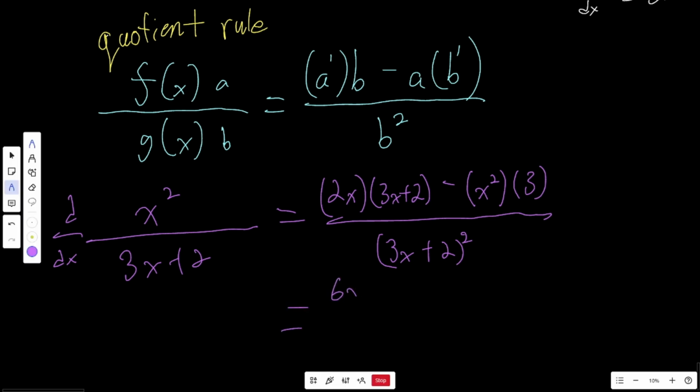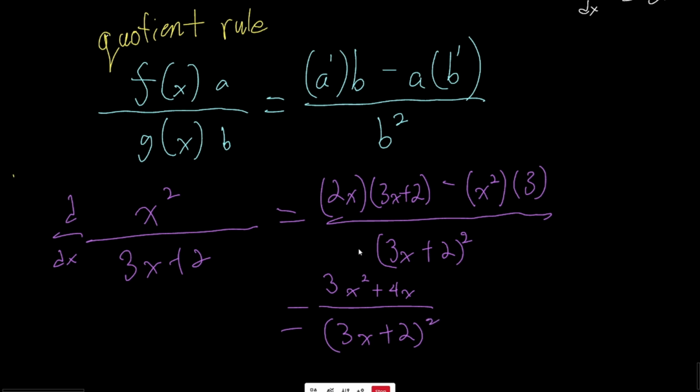Anyway, simplifying the left side, it will be 6x squared plus 4x minus 3x squared. And seeing as these two can be combined since they're like terms, we'll be getting 3x squared plus 4x over 3x plus 2 squared. And that is our final answer for the derivative.